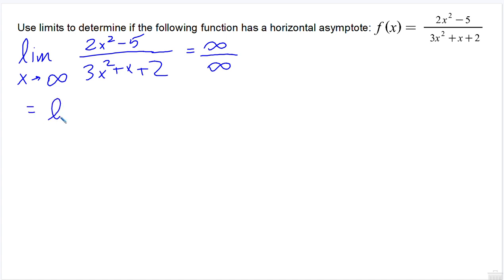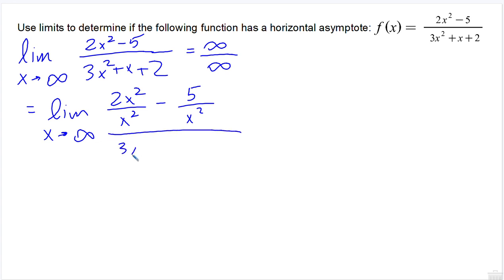So we'll say this is equal to the limit as x approaches infinity of 2x squared over x squared minus 5 over x squared, all over 3x squared over x squared plus x over x squared plus 2 over x squared.